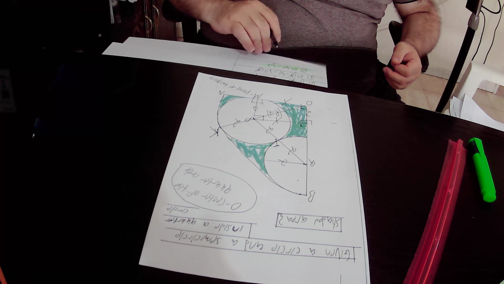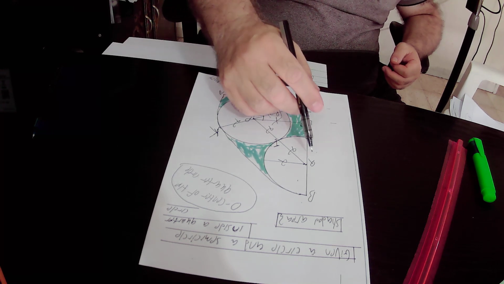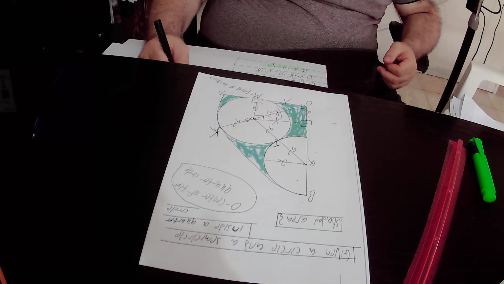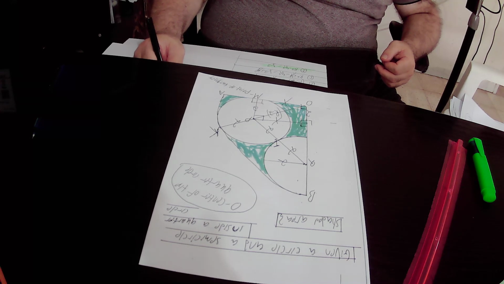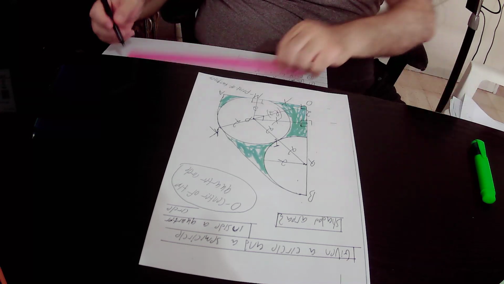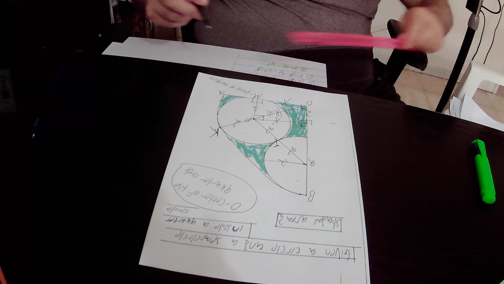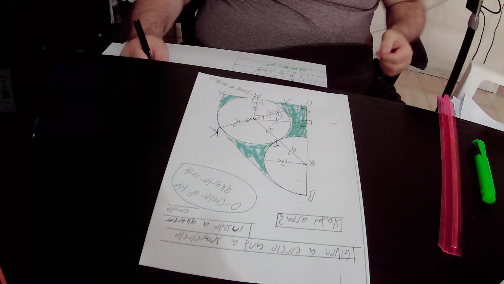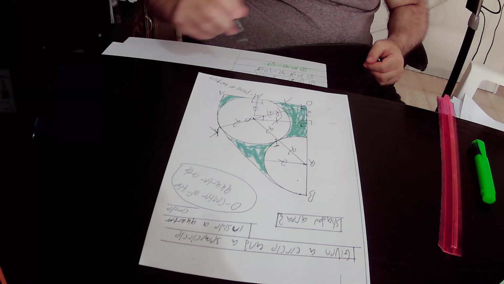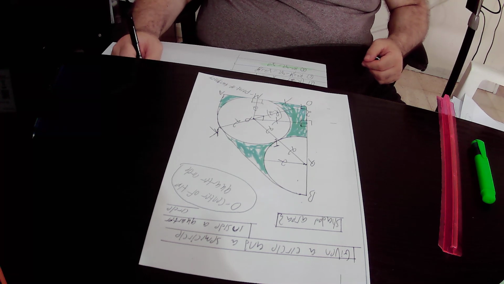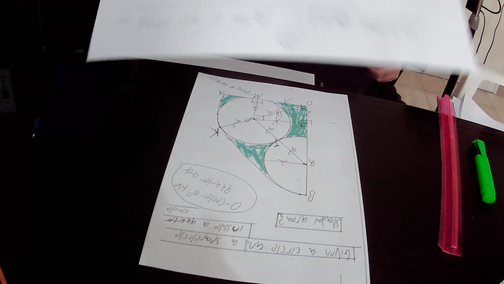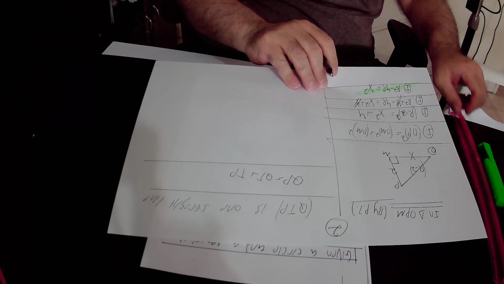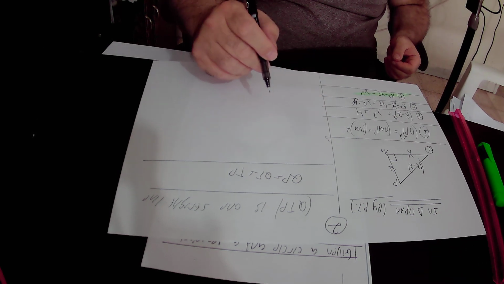So what is the length of the straight line QP? Here QP will be equal to QT plus TP. I repeat again, the length of the straight line QP is actually QT plus TP.